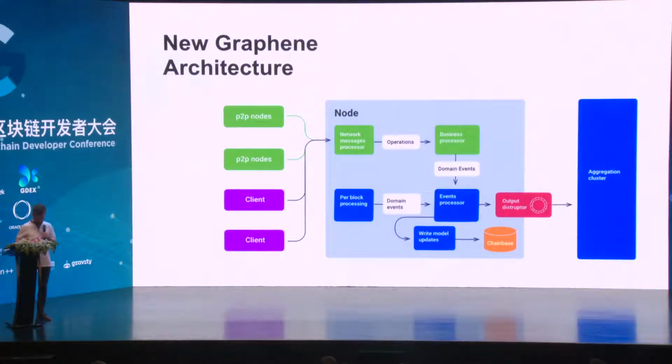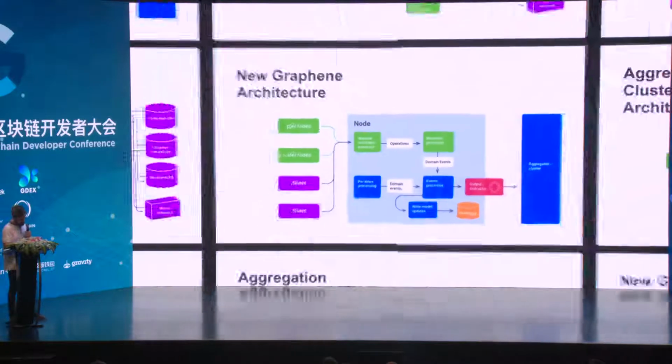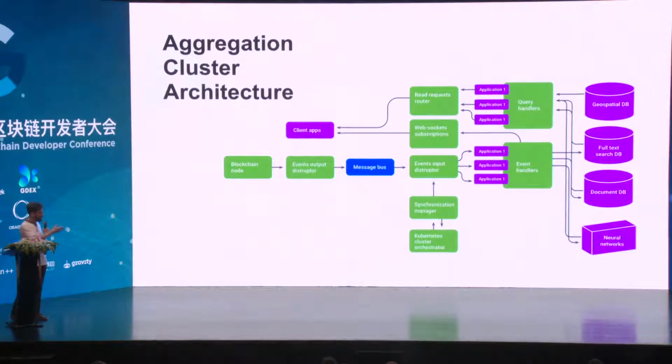So once we have the aggregation cluster, we can easily integrate any kind of tool, any kind of database into the read model. It will give us the ability to make full-text search indexes, graph-based databases, geospatial indexes, and even neural network training sets that will be constantly updated in near real time through the aggregation cluster.